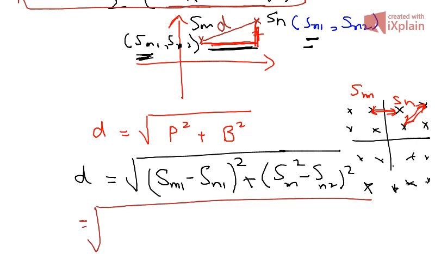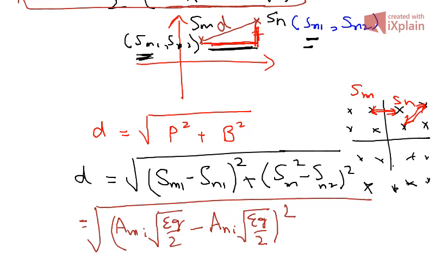Comparing with your previous notation, you can write that Sm1 is AmI under root Eg over 2 minus AnI under root Eg over 2, right? And we have to take this square. Now for this part we can say plus, let me write it below.